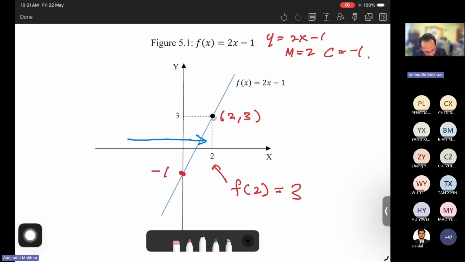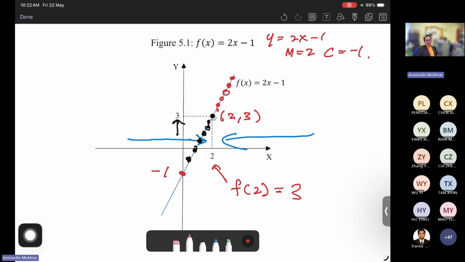The value of y will move along this linear line, and the value of y will approach 3. Same when x approaches 2 from the right, y will approach 3.